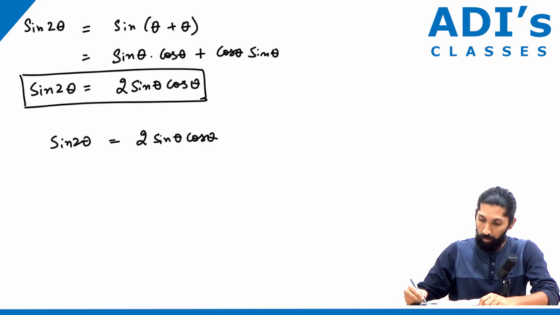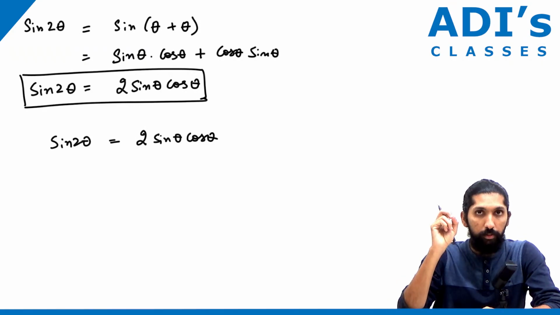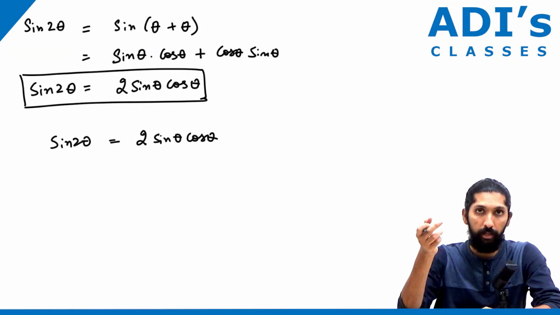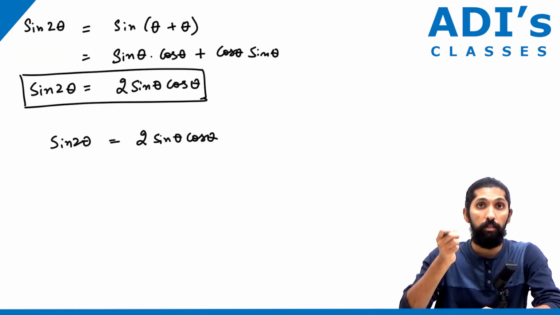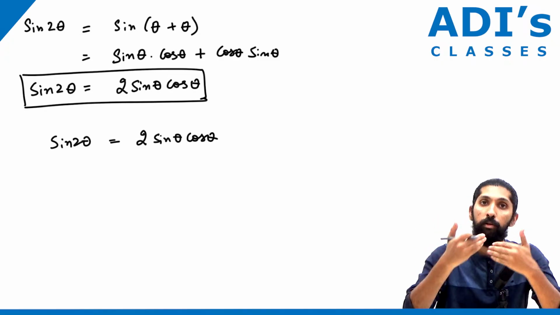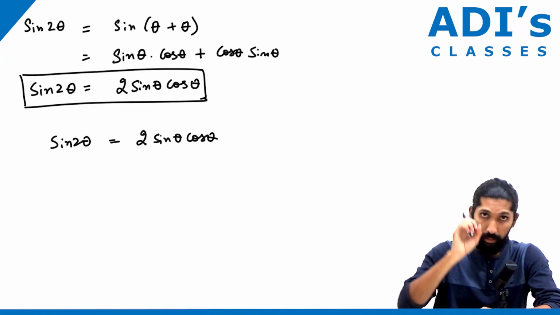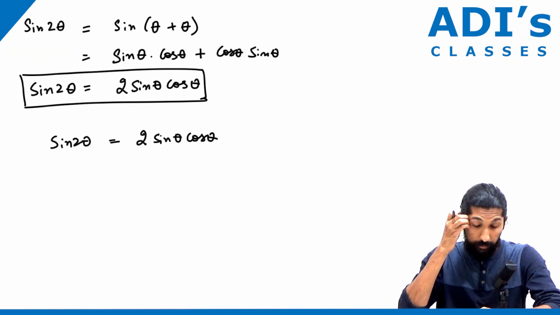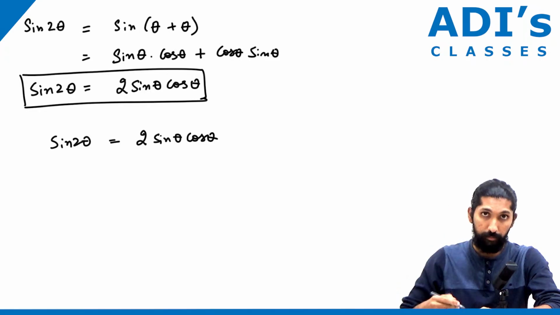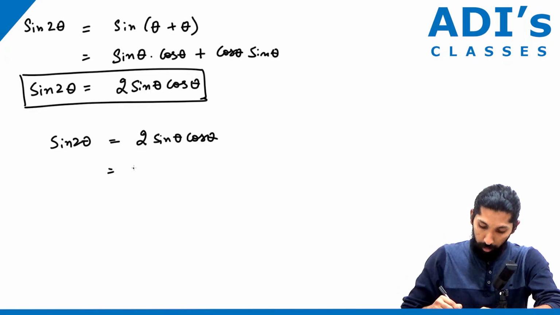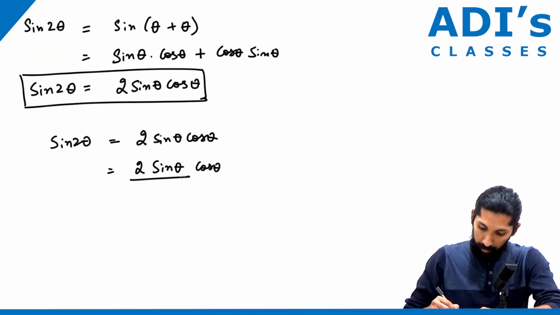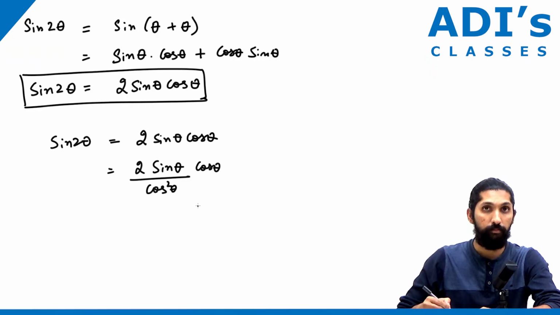So here we are going to multiply and divide by cos square theta. When we say multiply and divide, we take one in the denominator and one more in the numerator. In this particular question, we'll write 2 sine theta into cos theta divided by cos square theta, correct?